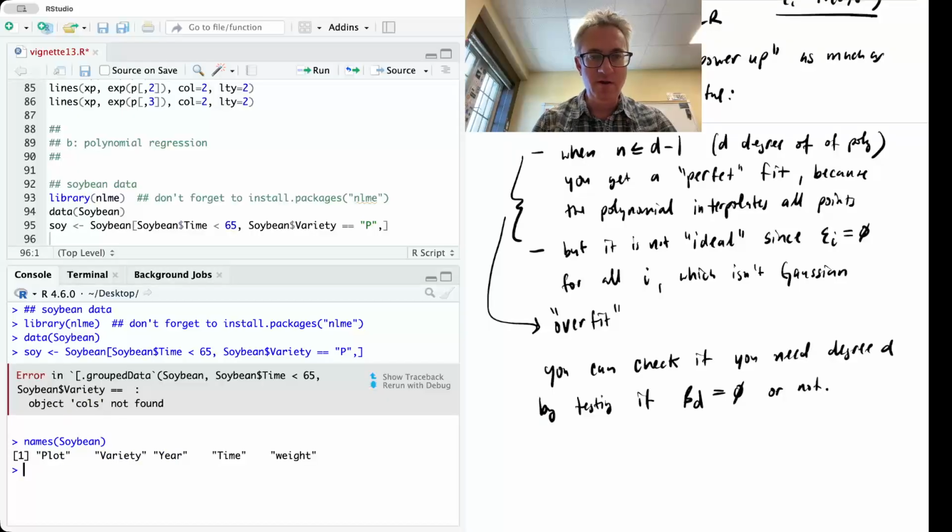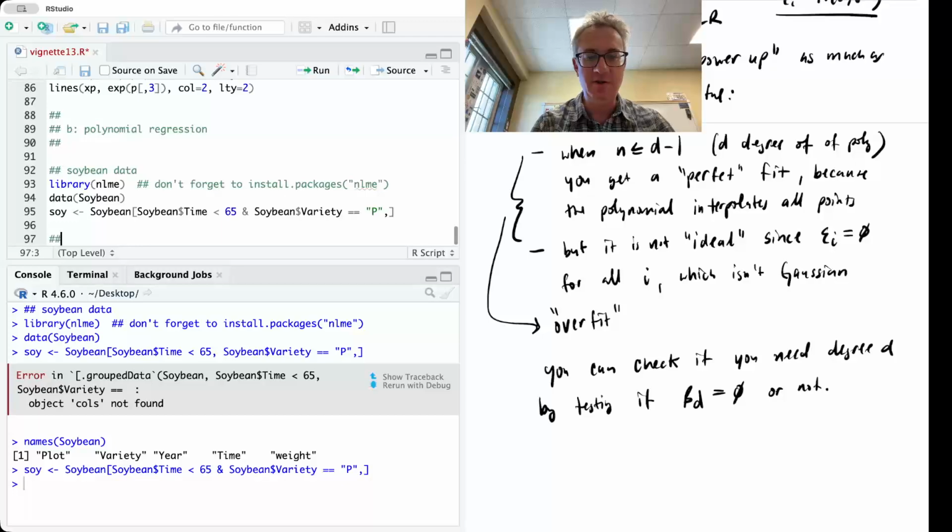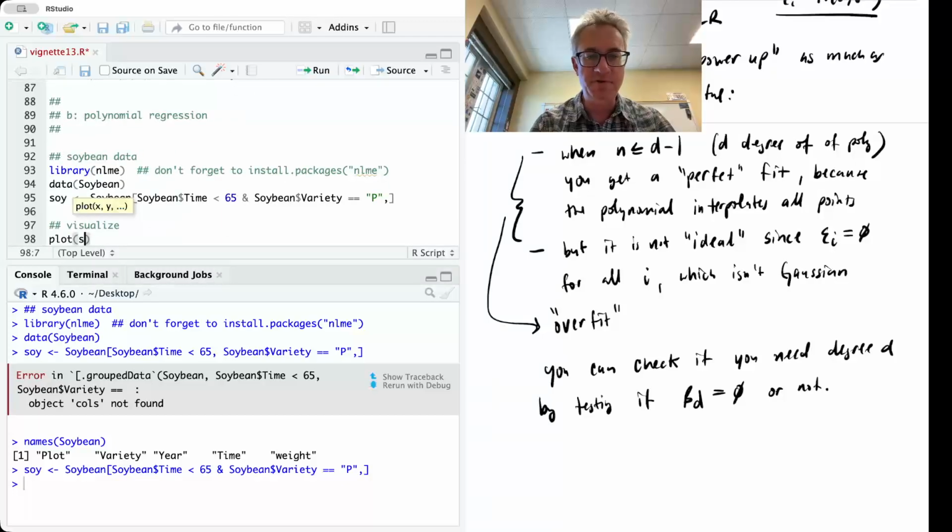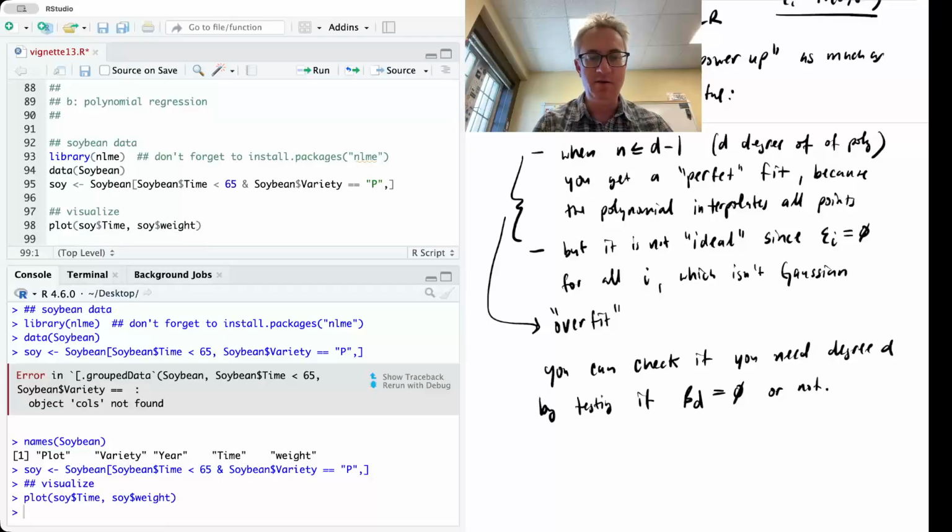Plot variety year time. Oh, I put a comma instead of an and. Okay, there you go. So let's look at the data. So we're going to plot soy time on the x-axis and soy weight on the y-axis, and I've got to make sure you can see that.